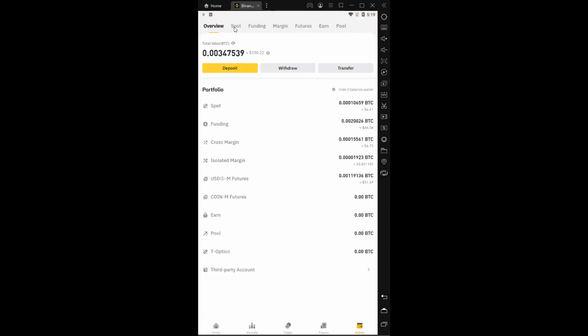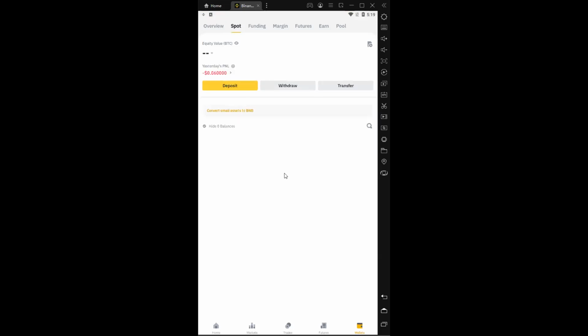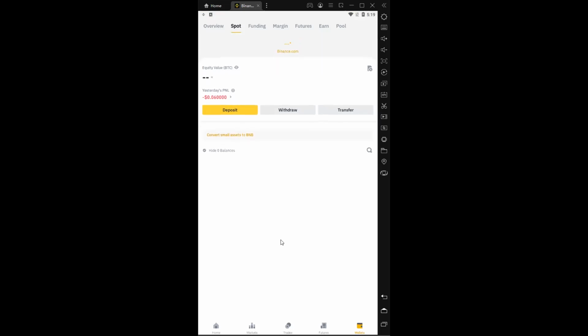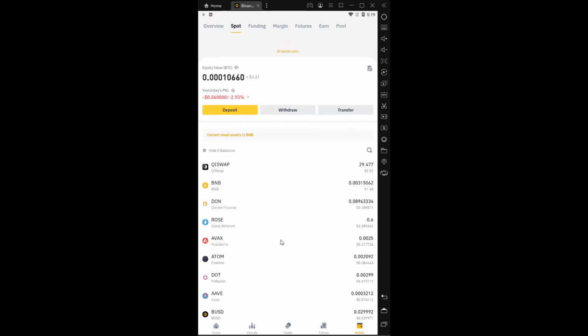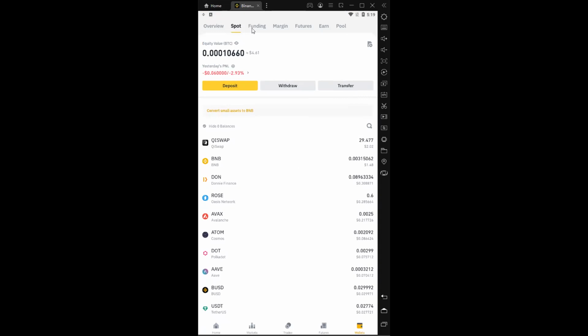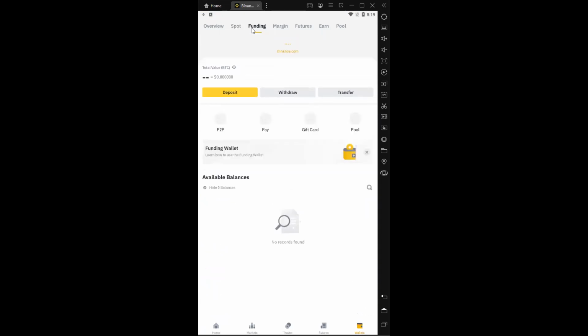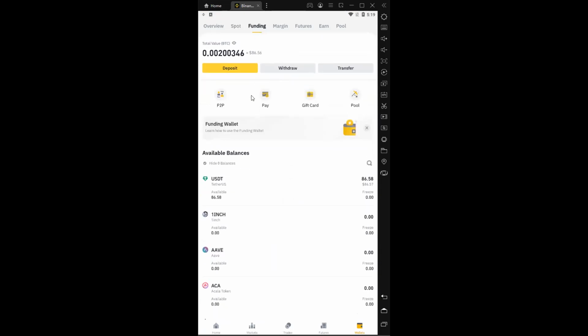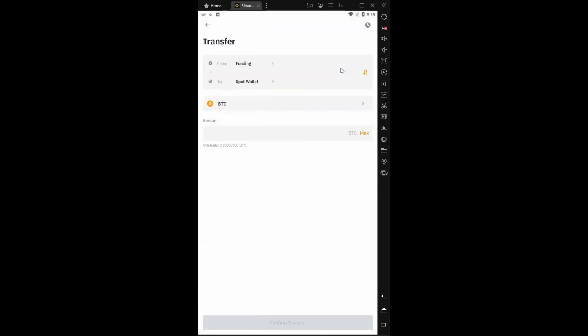If I check my spot wallet now, I won't see the money here. The money is under funding, because peer-to-peer is under funding. So what I need to do is transfer the money from my funding account to my spot wallet.